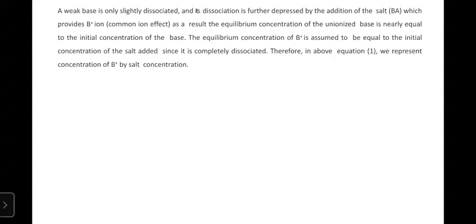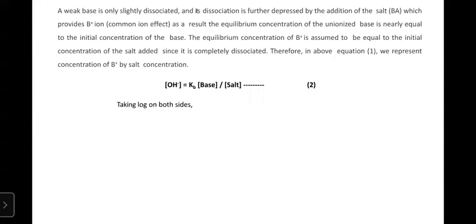Therefore, in equation 1 we represent the concentration of B plus by the salt concentration. Just remember, BOH is nothing but base, and B plus is nothing but salt. So just replace it. The concentration of OH minus ion is equal to Kb into base divided by salt, as equation number 2.